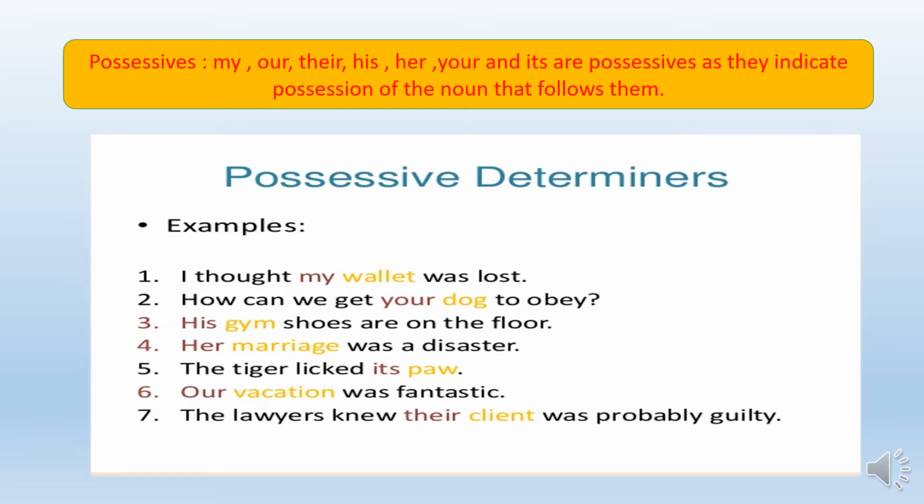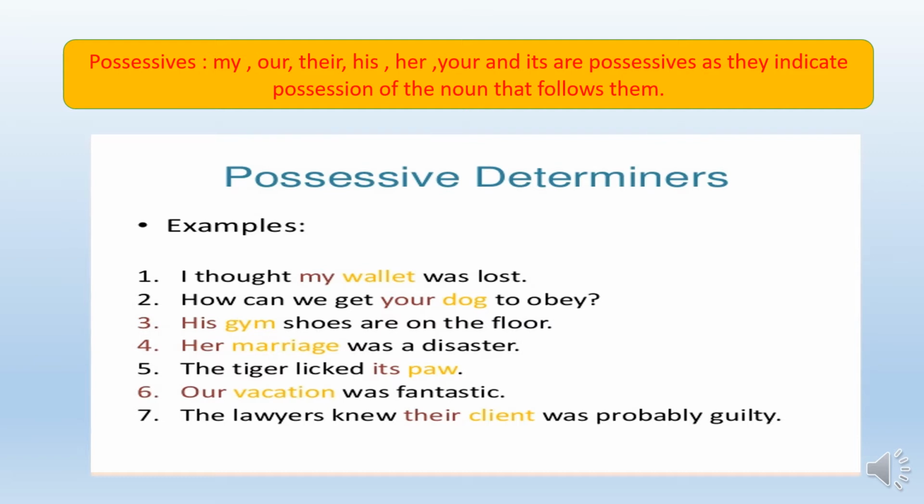That is why all these are possessives. For example, I thought my wallet was lost. Here wallet is the noun, and we are trying to say whose wallet? My wallet. So here my is a possessive determiner.